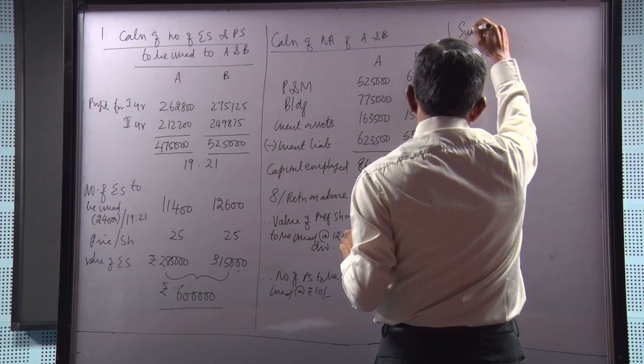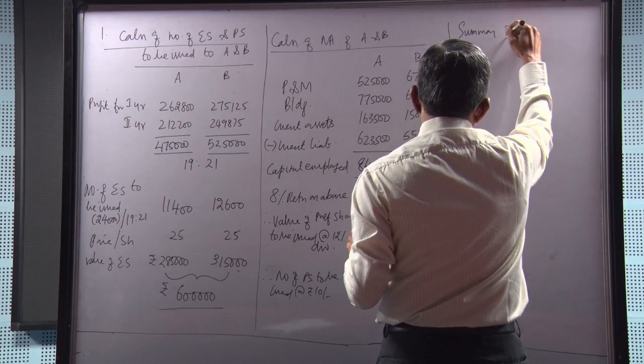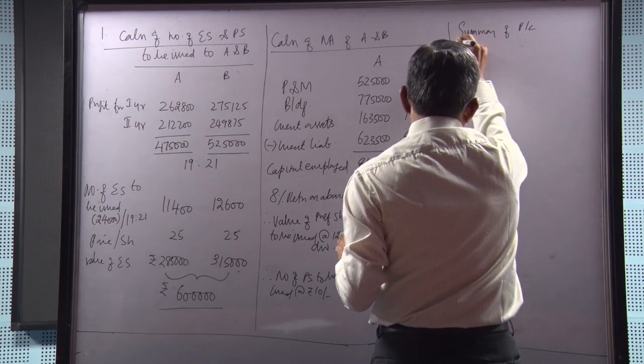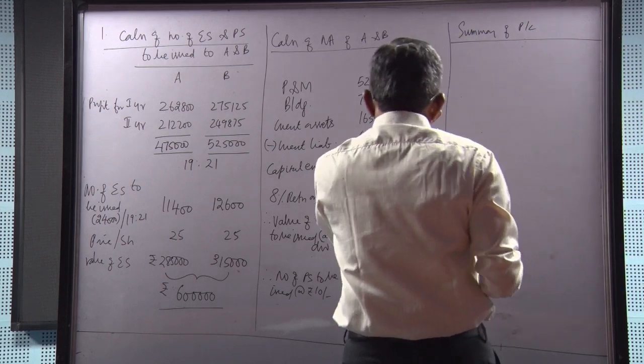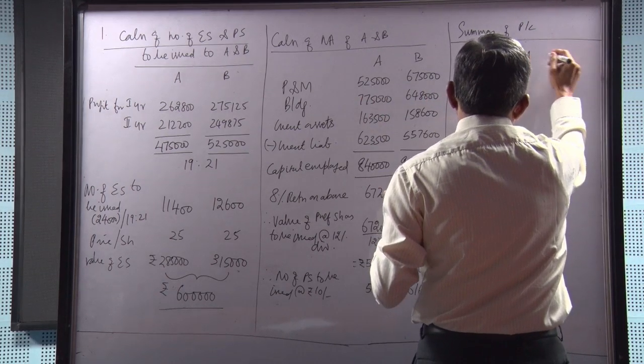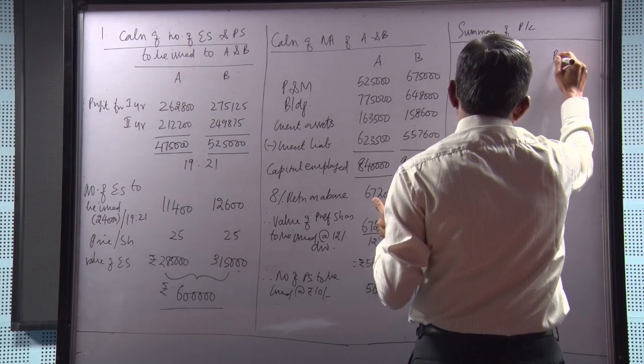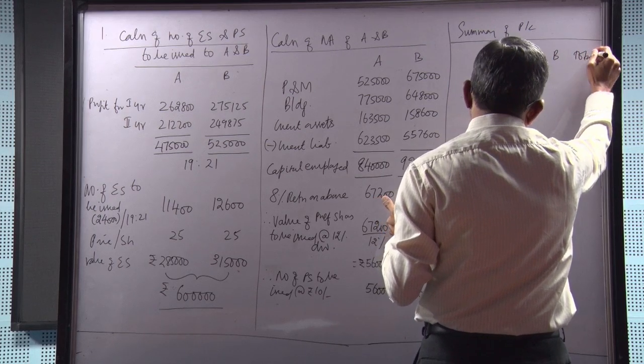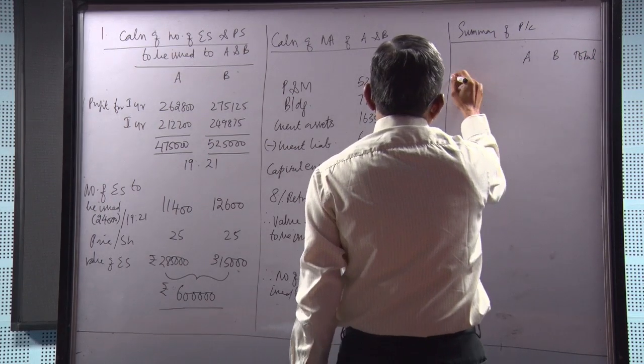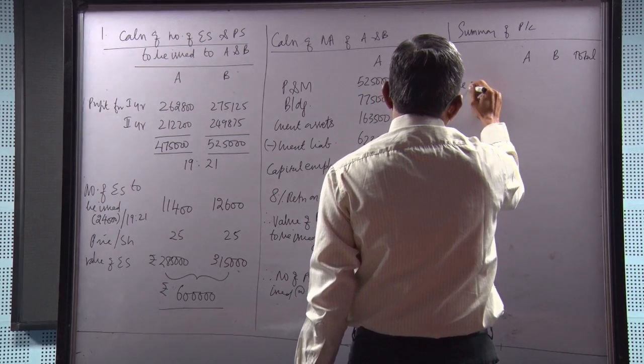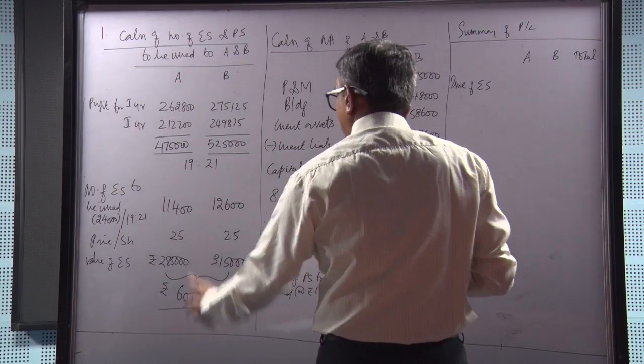Summary of purchase consideration. A, B, maybe you can have another column total. Issue of equity shares.